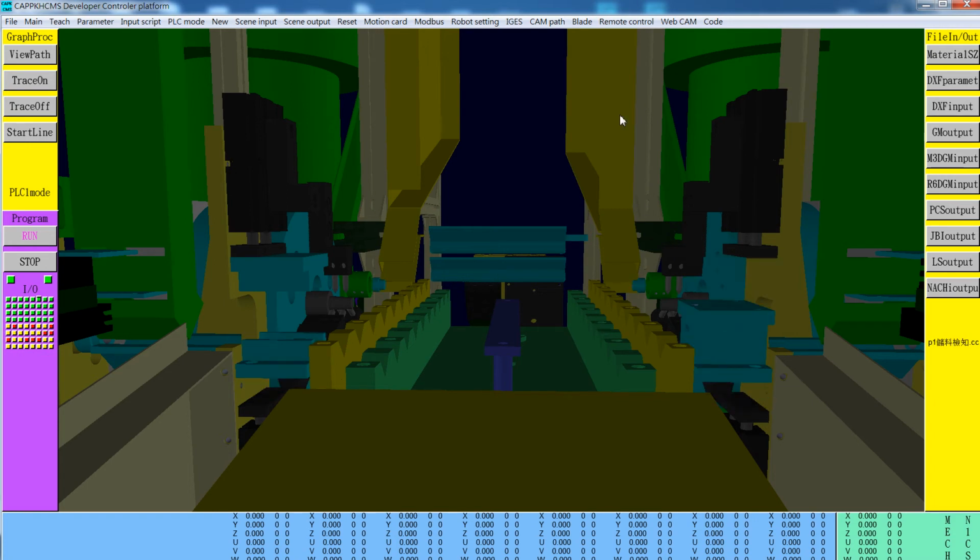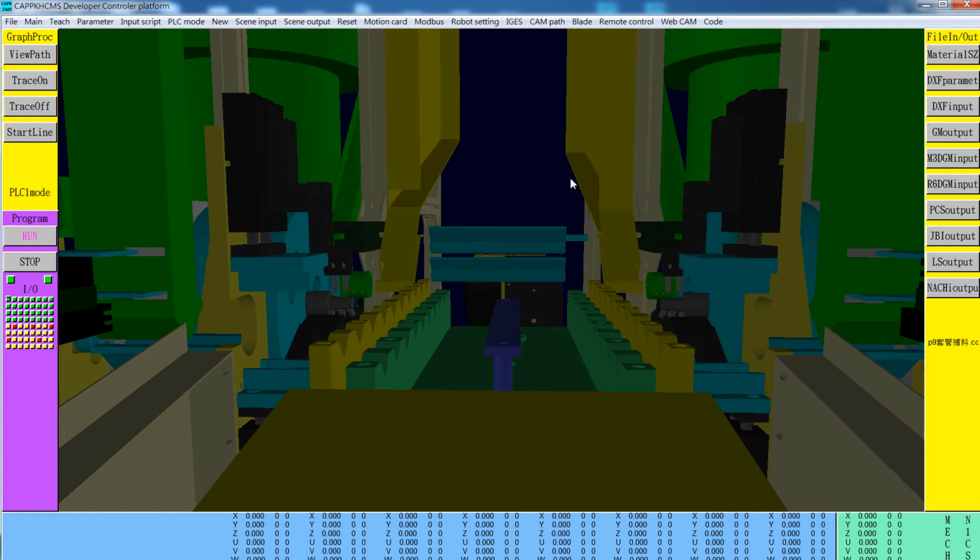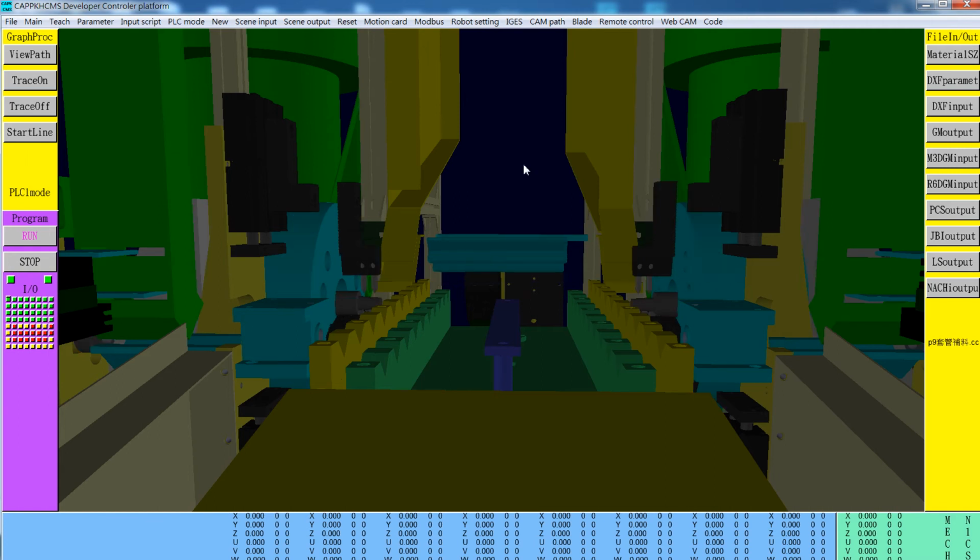Actually, the fixed parts of the machines and the controller are of no use. If we remove the fixed materials and run the machines, then we can get the physical cycle time.